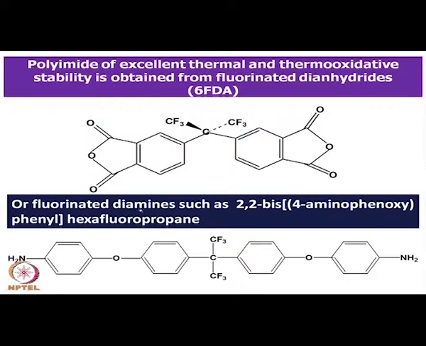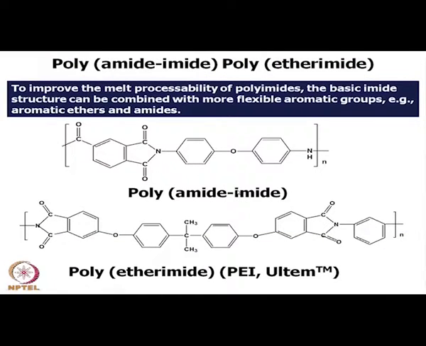So this is known as a fluorinated diamine, named 2,2-bis[4-(4-aminophenoxy)phenyl]hexafluoropropane. This polymer gives excellent thermal and thermo-oxidative stability for making composites for aerospace use.